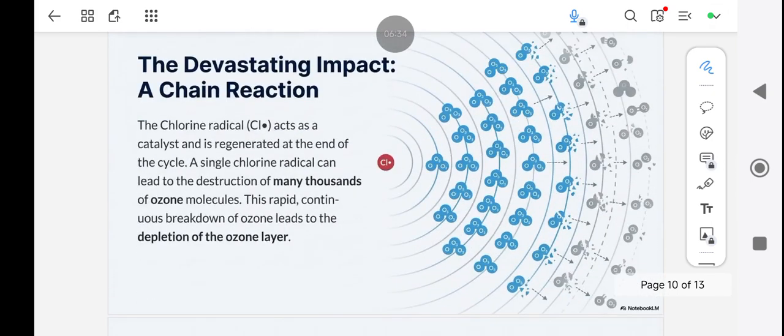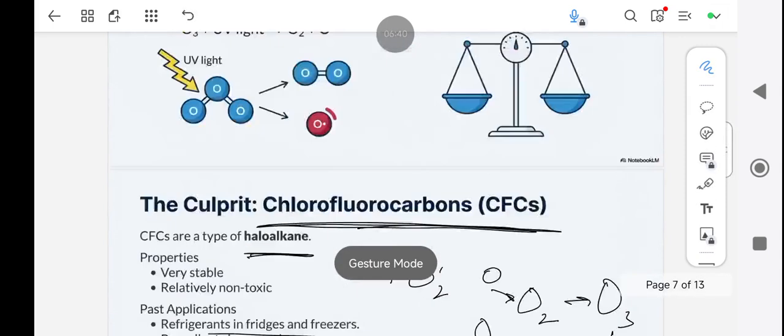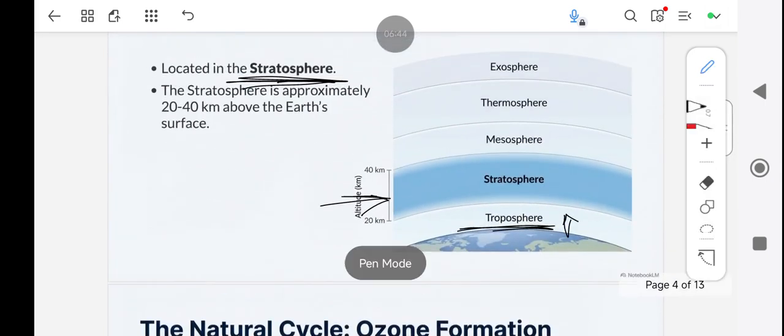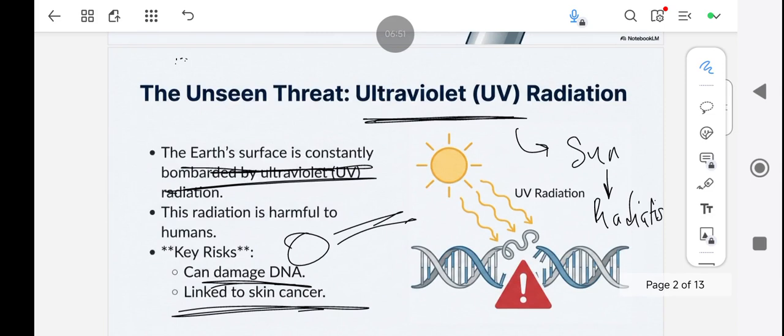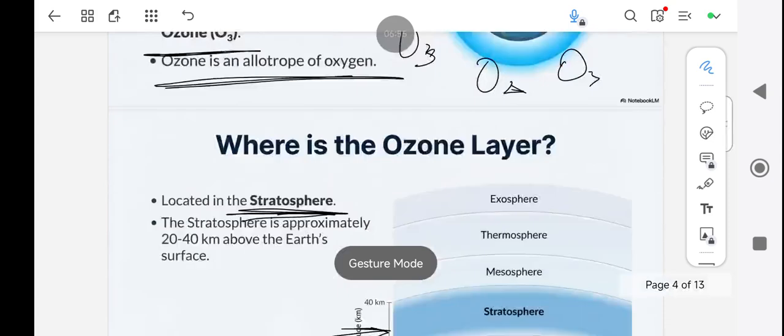It just keeps on happening, and slowly the ozone layer found in the stratosphere is completely depleted. Then UV radiation from the sun has direct access to the earth and affects us.